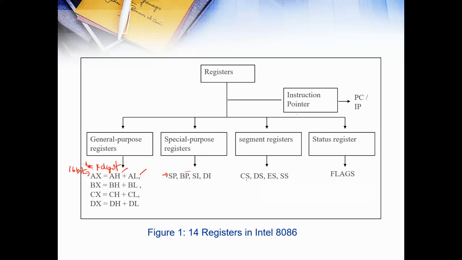Therefore, they have 4 types of segment registers. CS is the code segment; this register holds the segment of your code. DS is the data segment, which actively points to your data segments inside the memory.